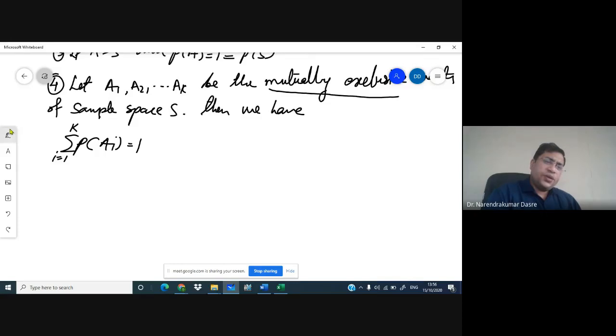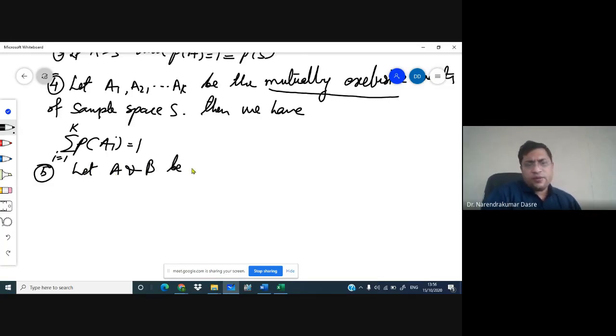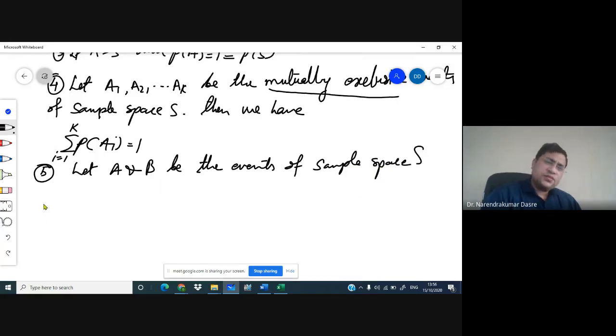Now suppose they are not disjoint, then what? Let A and B be events of the sample space. Now I am not mentioning that they are mutually disjoint. What will be the probability of A union B?